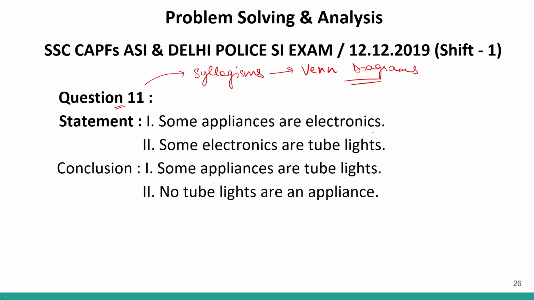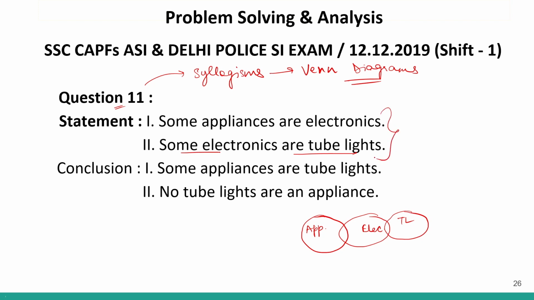If this is my appliance, some appliances are electronics, I can represent it like this. Some electronics are tube lights. So, this can be the representative diagram for these statements.